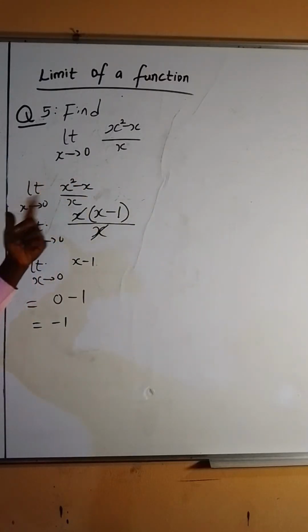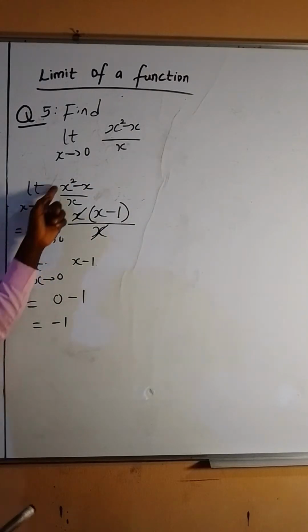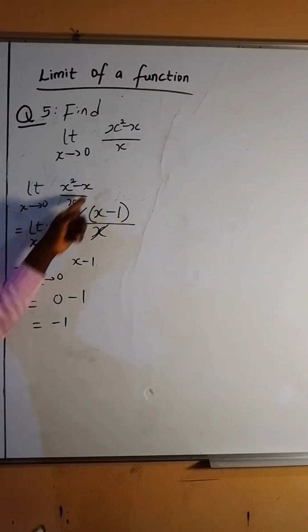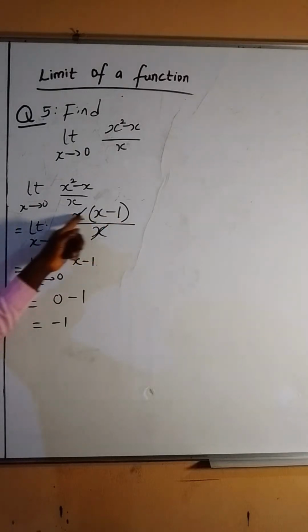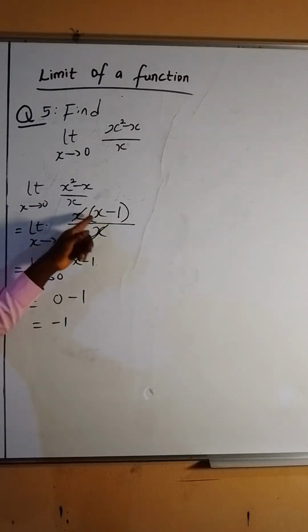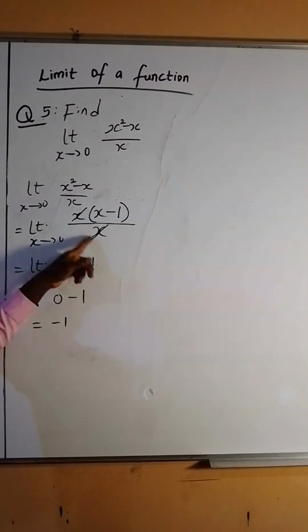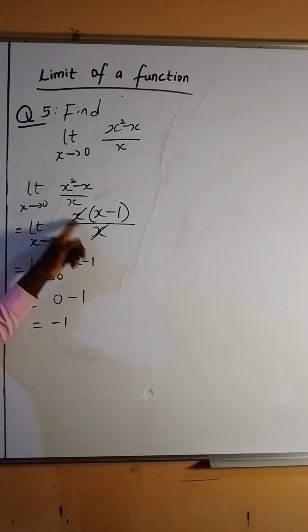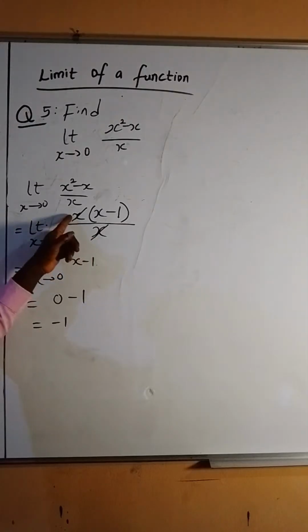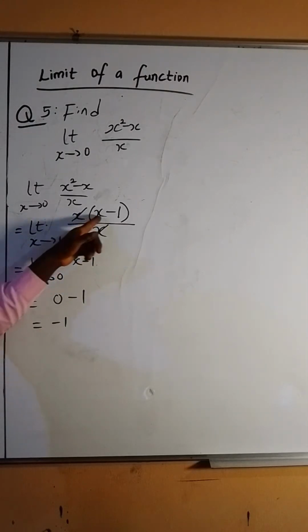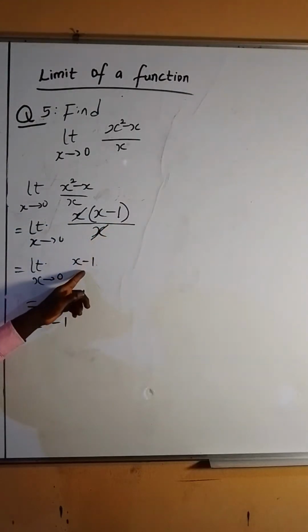How do we achieve this? We have to factorize the expression at the numerator. When we factorize it, we got x, open bracket, x minus 1, then divided by x. These two can cancel each other because they are the same variable, so we are left with x minus 1 here.